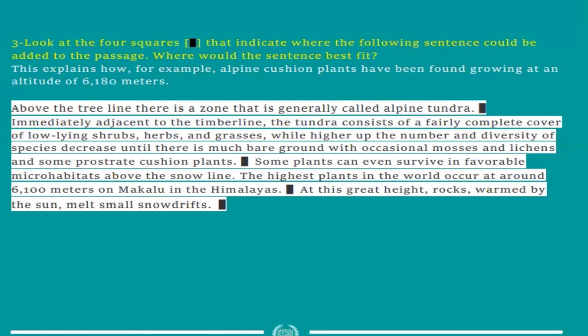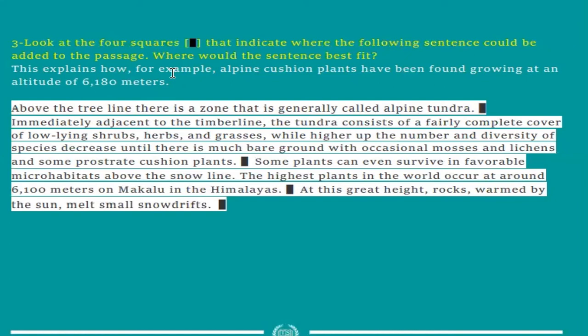Well, the first box is not suitable, as well as the second one, because we read this sentence. Okay, it comes to your mind that this is a justification sentence, and the sentence before this one is a reason for the justification sentence.